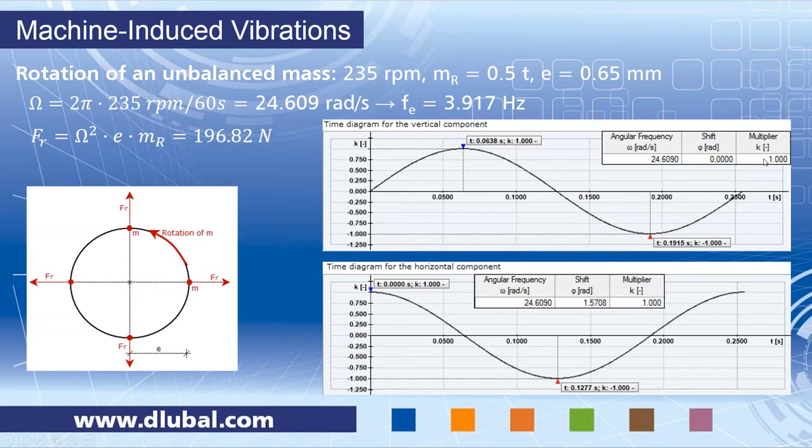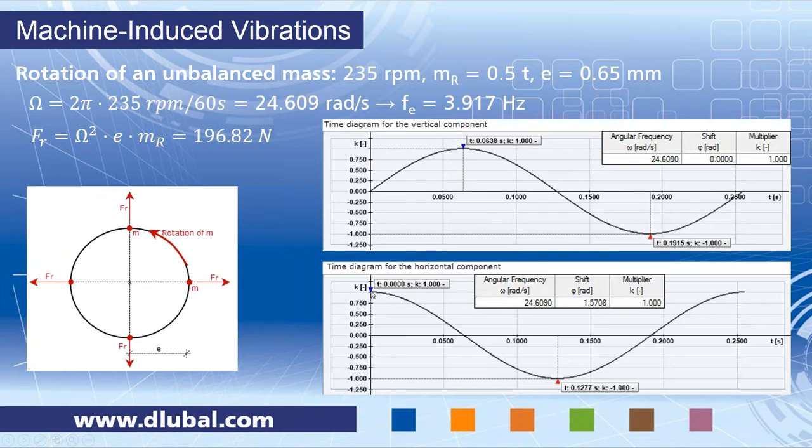This is really a multiplier which multiplies the time diagram with the load in the load case. So it's up to you whether you have a value in here which is unequal 1 or in the load case. I decided having a multiplier of 1 in DYNAM and define the 179 Newton in my load case.